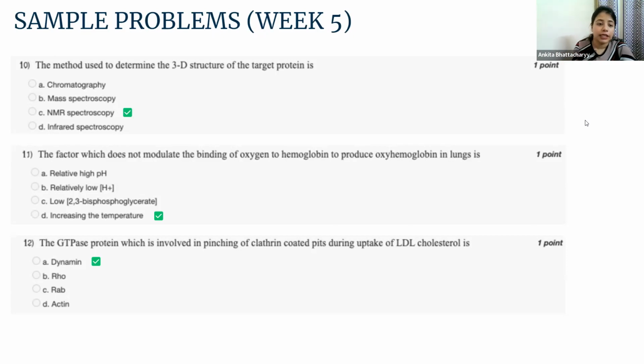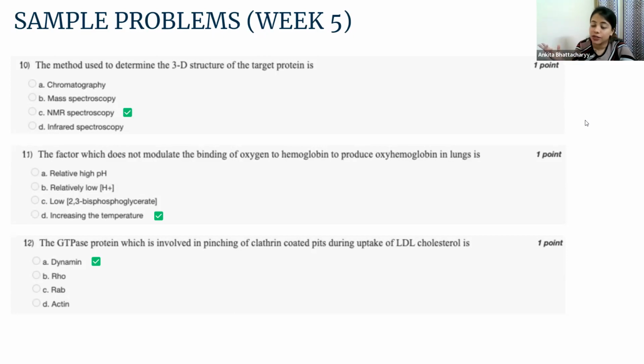Then comes question number 11, whereby the factor which does not modulate the binding of oxygen to hemoglobin to produce oxyhemoglobin in lungs is A, relatively high pH, B, relatively low H plus, C, low 2,3-bisphosphoglycerate, or D, increasing the temperature. We are talking about the binding of oxygen to hemoglobin to produce oxyhemoglobin.